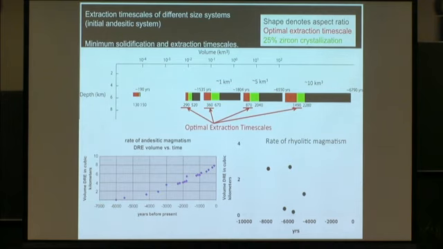We can then compare this to some things we know about the rates of andesitic magmatism at Cotopaxi and the rates of rhyolitic magmatism. We see that, in terms of the rhyolites, we have recurrence rates of hundreds or thousands of years or so. So the simplest interpretation of this is that you erupt your rhyolite, you sit around for a while, you produce more rhyolite, and you erupt it again.